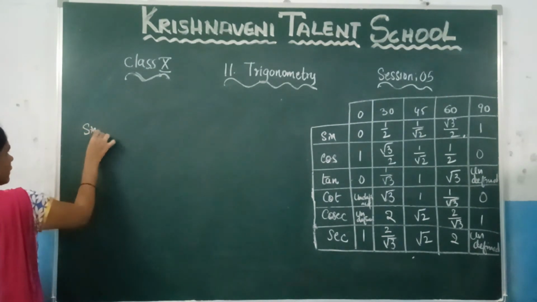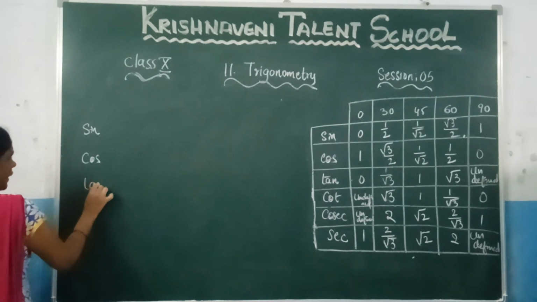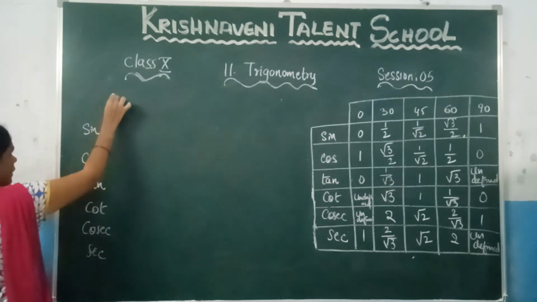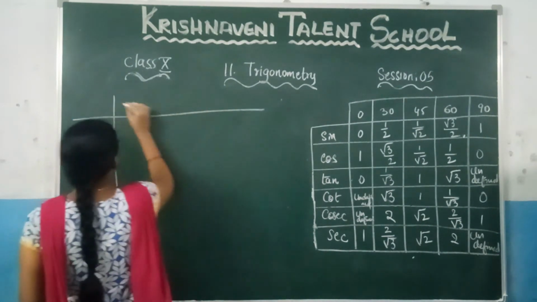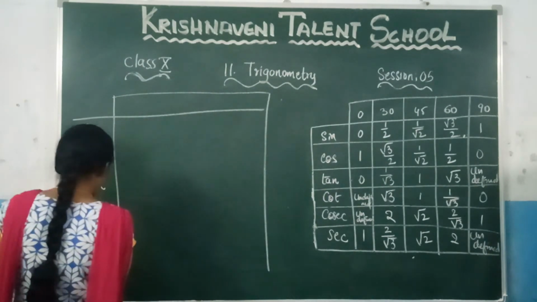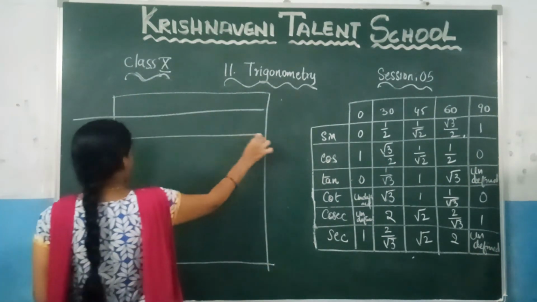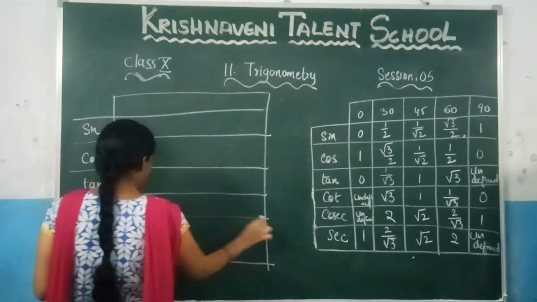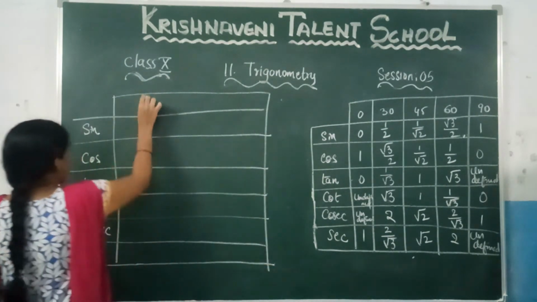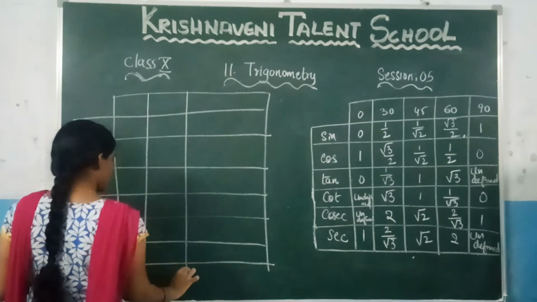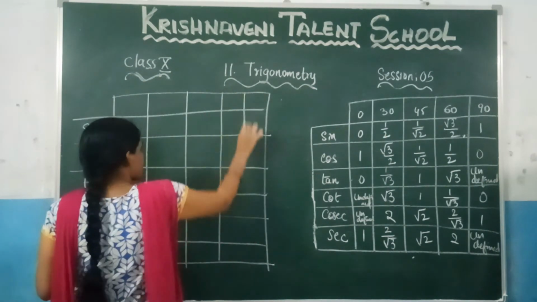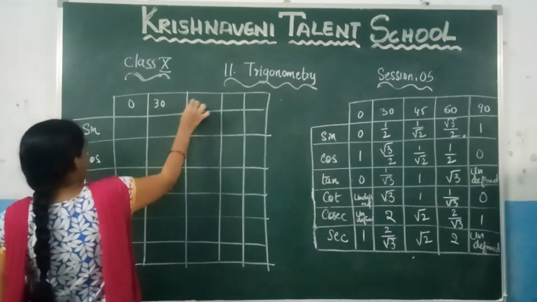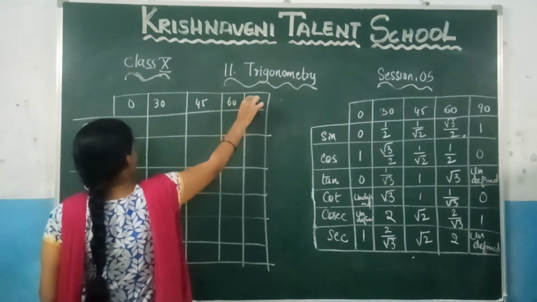So we are talking about sine, cos, tan, cot, cosecant, secant, right? And the angles here are 0, 30, 45, 60, and 90.